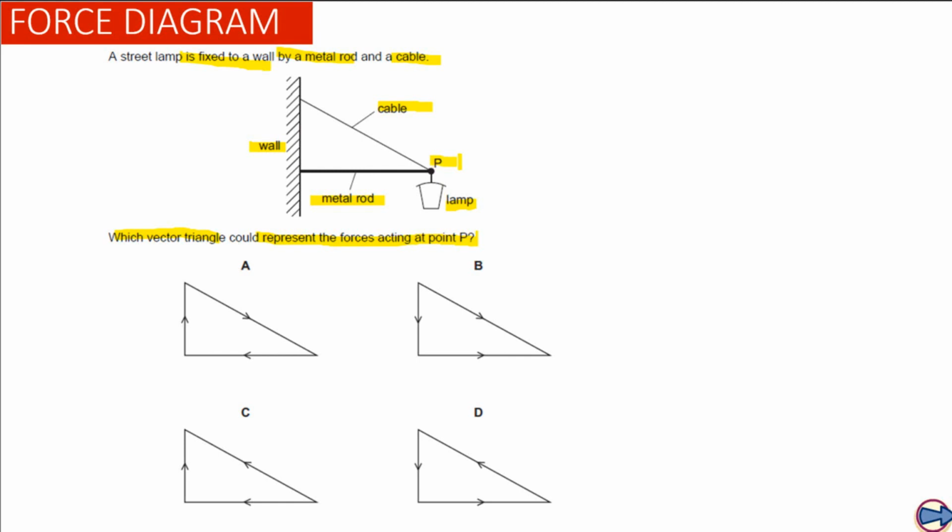For this one, we simply need to understand the forces acting at point P, and we also need to be careful with the direction of forces. Now the first force acting at this point is the weight of the lamp. The weight of the lamp is acting down. We can say this is W lamp.